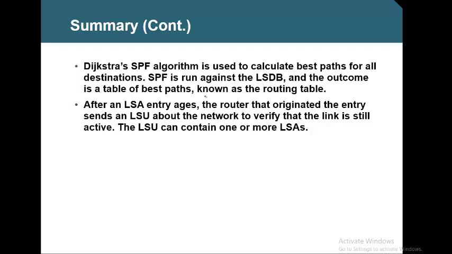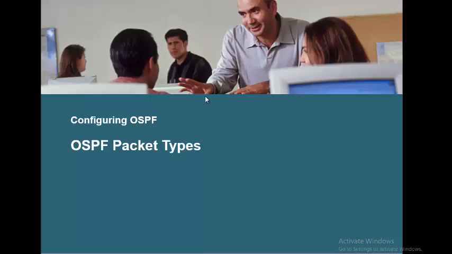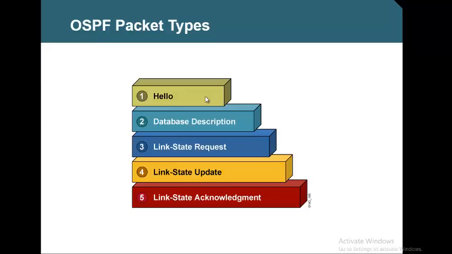Right. Open shortest path first, packet types. We have 5 types of packets in OSPF. Hello is sent every 10 seconds if it is in a LAN environment, not an NBMA.